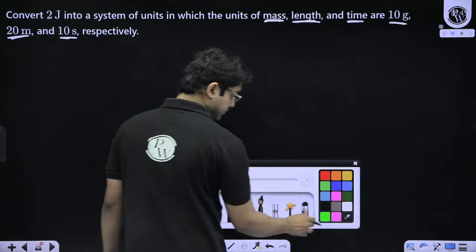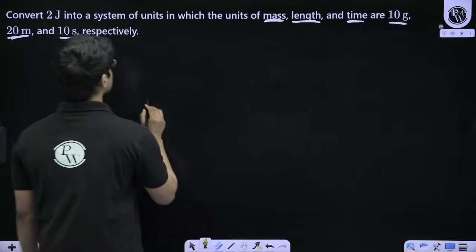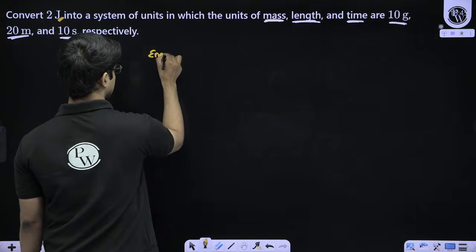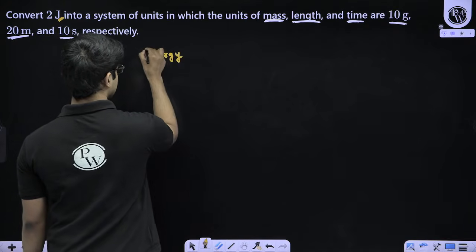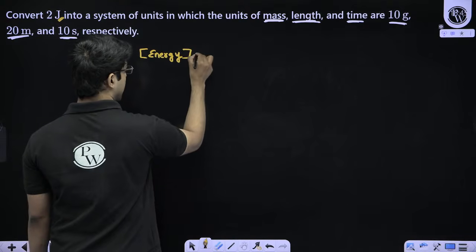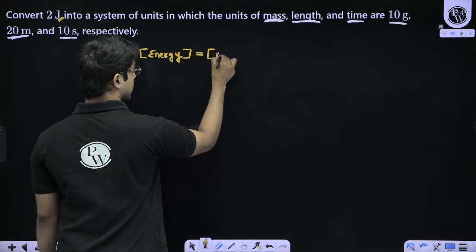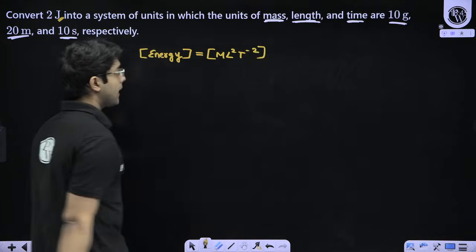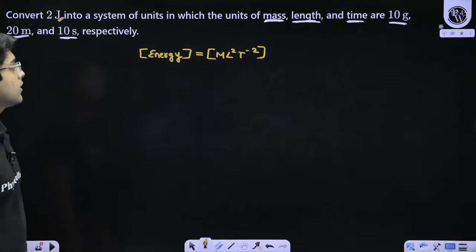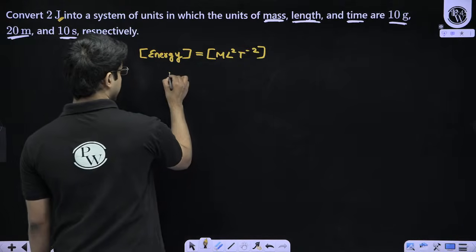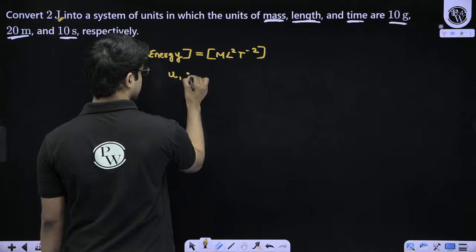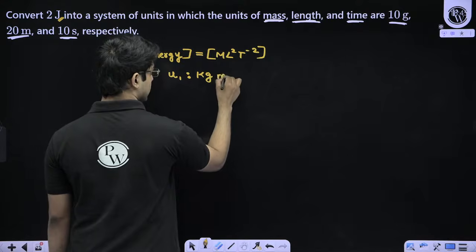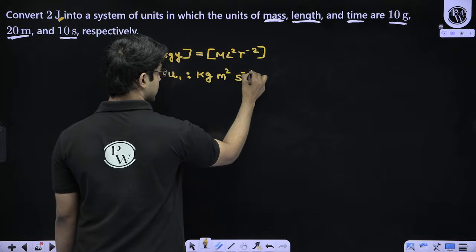So let's do the conversion. First of all, we are talking about joules, right? So we are talking about energy here. What was energy's dimension? Energy's dimension was M L square T raised to minus 2. Mass into velocity square, right? So if I want to write the SI unit, U1, mass is measured in kg, length is measured in meters, time is measured in seconds.